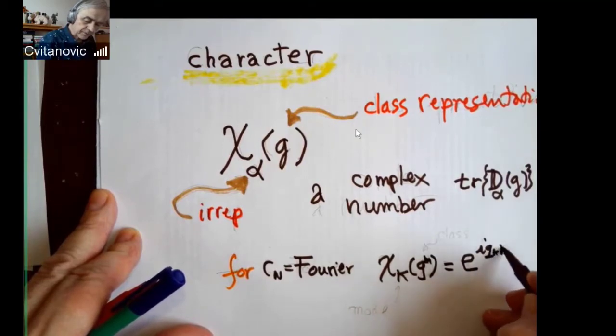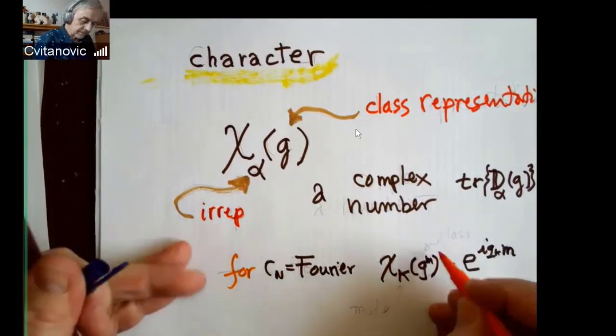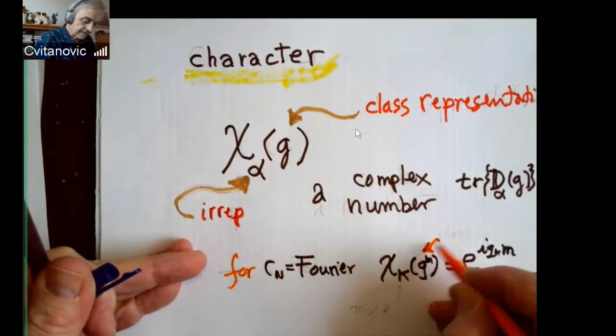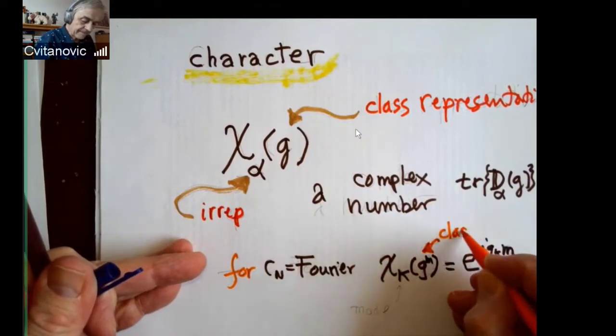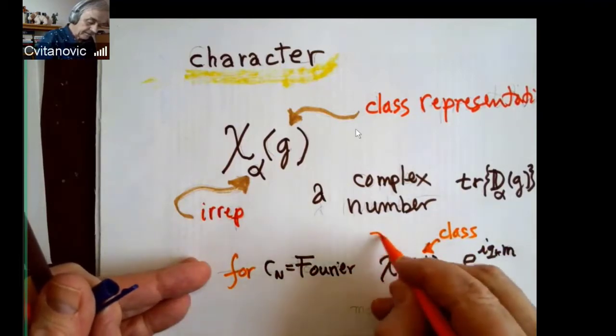It was a root of unity. So that's the simplest example. But this works always. So you always have a class, and then you always have a character.